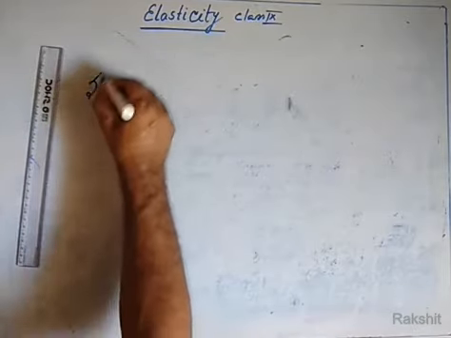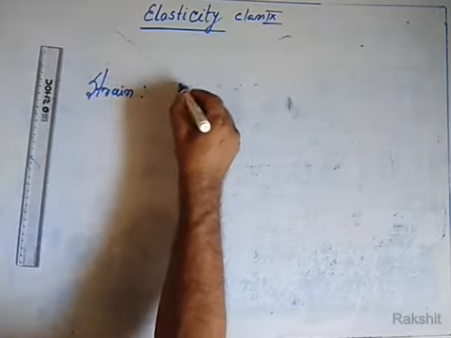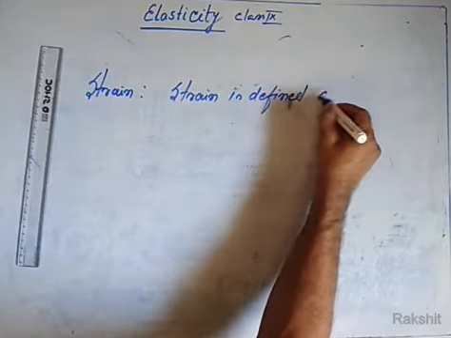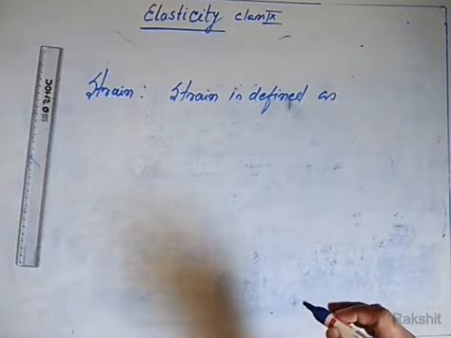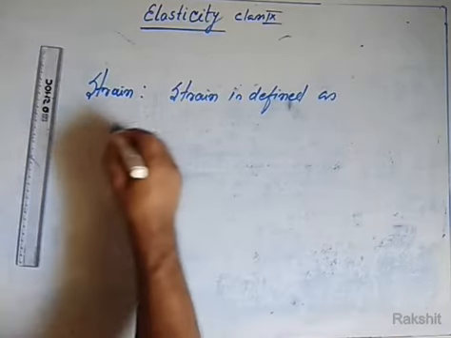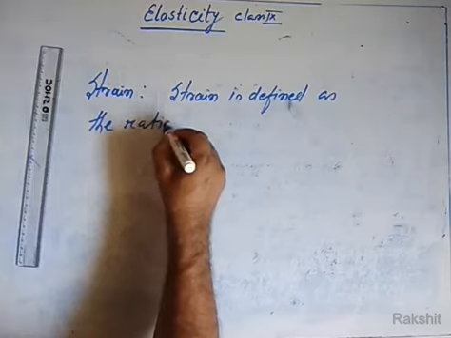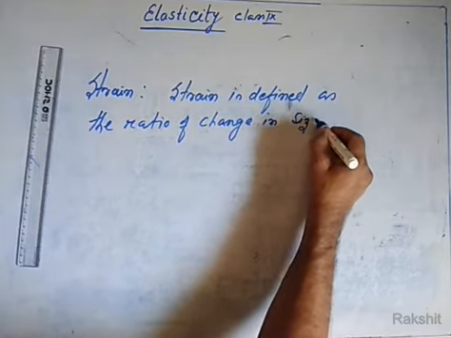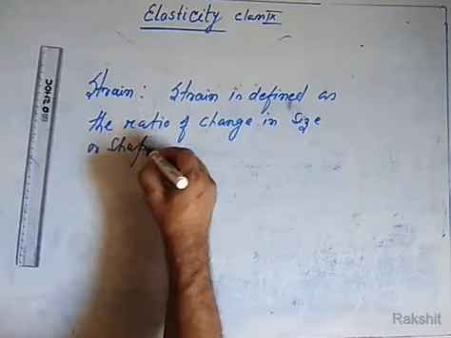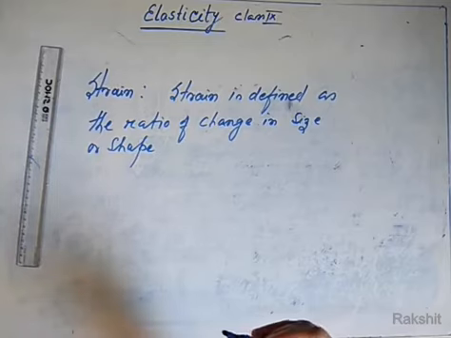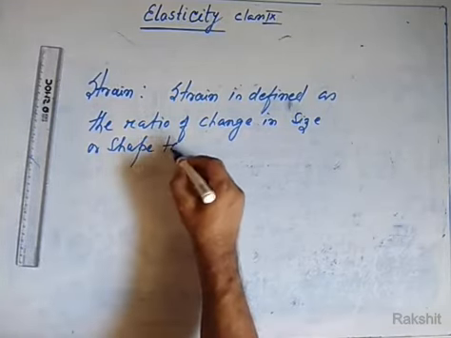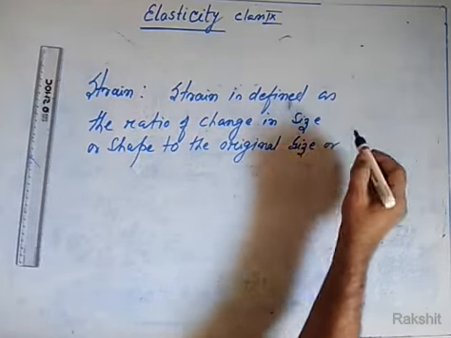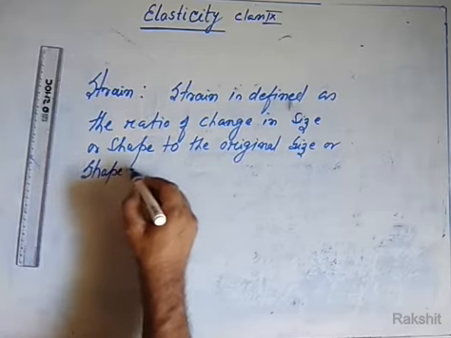Strain is defined as the ratio of change in size or shape to the original size or shape of the body.